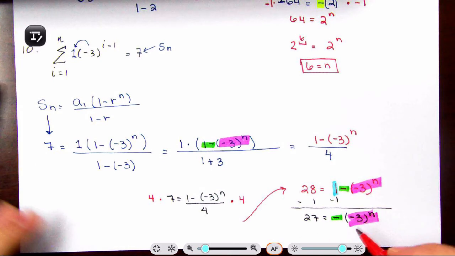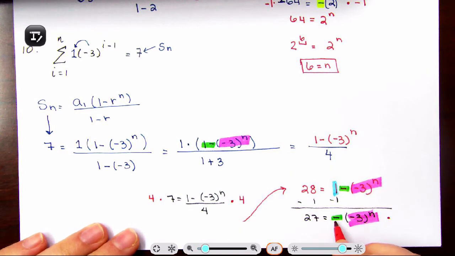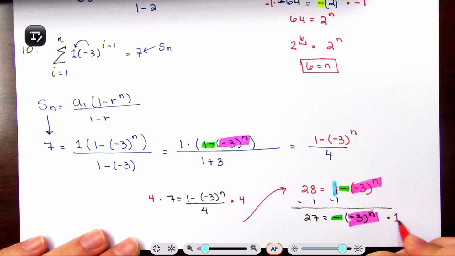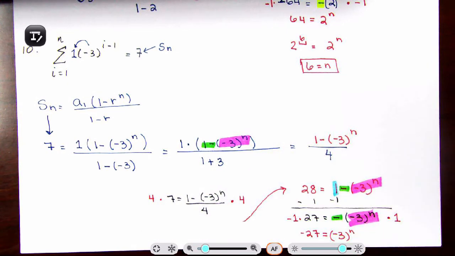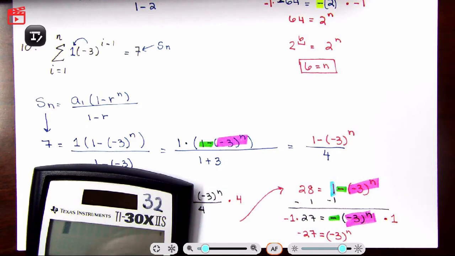So then we're going to multiply. This is not subtraction. Even though it's minus, it's technically multiplying by -1. So we're going to get rid of that minus by multiplying by -1 on both sides. So I have negative 27 is equal to -3 to the nth power. Now we're using that one-to-one property. -3 to what power is -27?